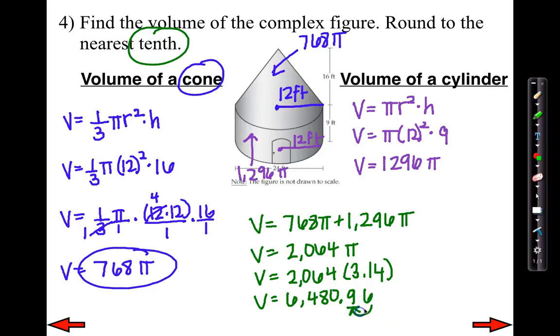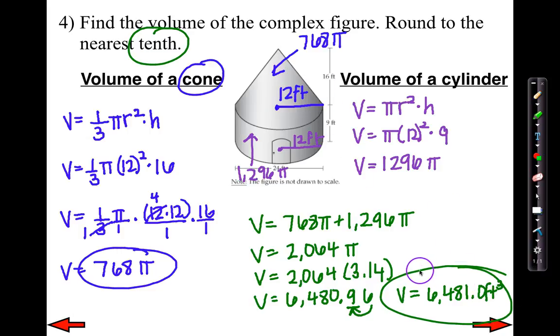Is the 6 going to make the 9 go up or stay the same? 6 is greater than 5, so we're going to go ahead and kick it up a notch and add 1. Notice when you add 1 to 9, it is going to make it greater by 1, so it actually changes the volume to 6,481.0. And we're just going to go ahead and put feet cubed. So that is our final answer.